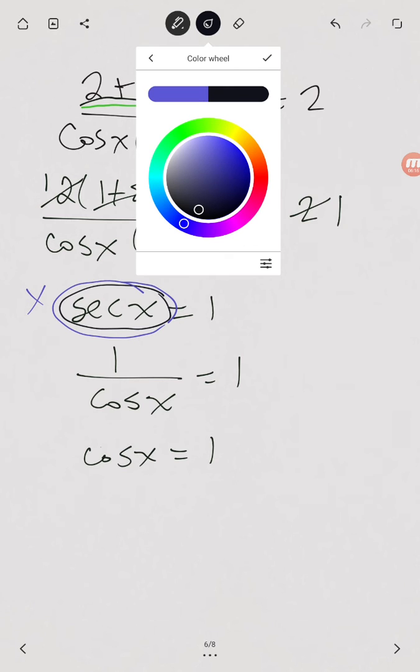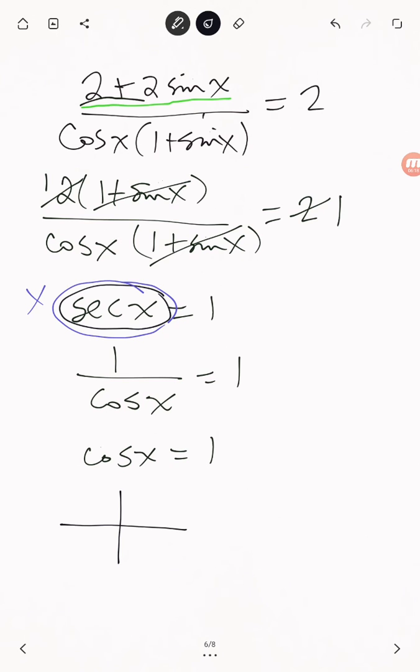So cos x equals 1, again, that's going to be on my unit circle. First coordinate has to be 1, so that would be over here, 0 or 2 pi.